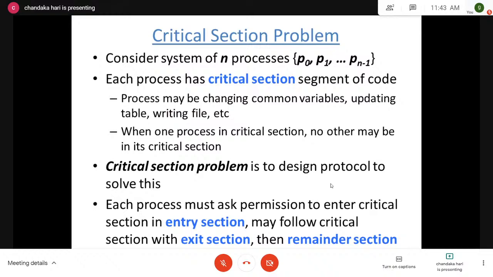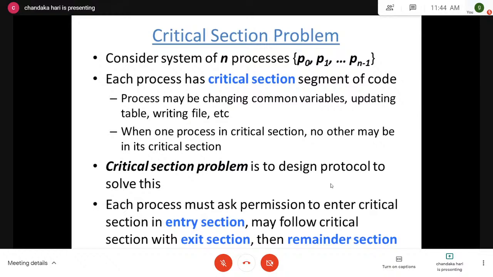A process is a continuous collection of critical and remainder sections. What is a critical section? What is a remainder section?